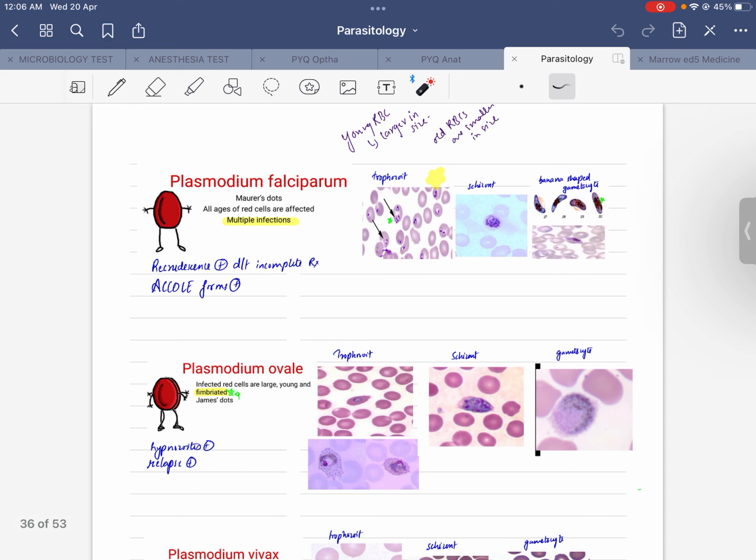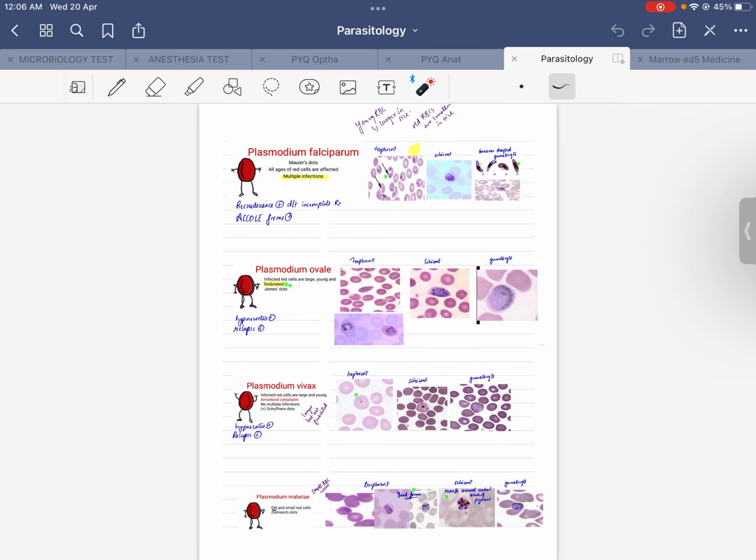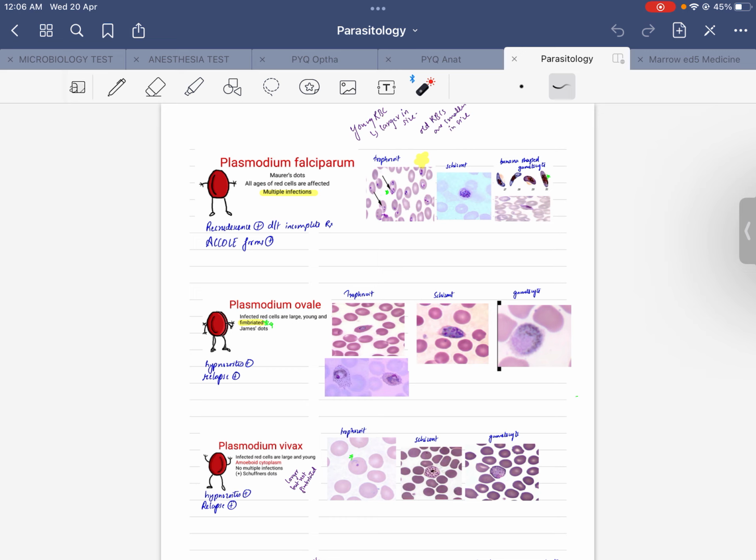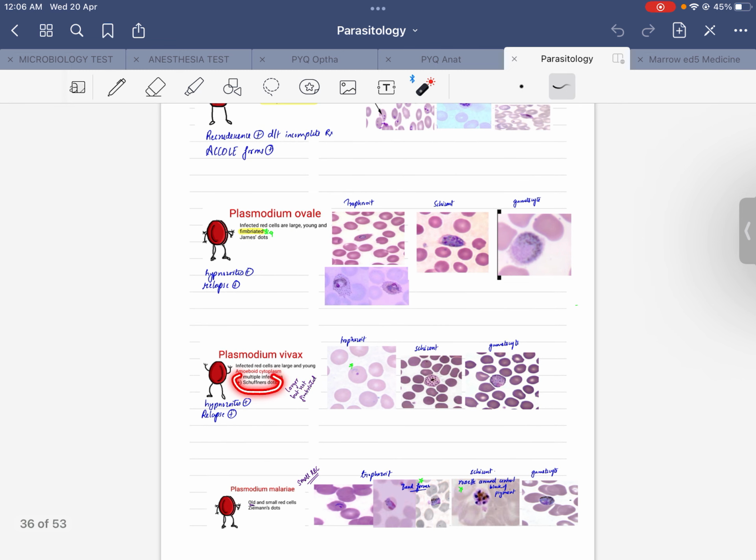Now let us compare the 4 forms of malaria: falciparum, ovale, vivax, and malariae. Now there are some dots which you need to memorize. Maurer's dots are for falciparum, ovale has James dots, vivax has Schüffner's dots, and malariae has Ziemann's dots. You can remember Manila Zoo, so malariae, Ziemann.